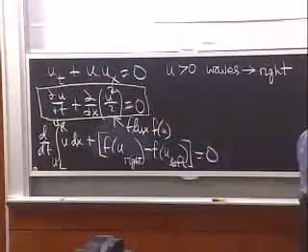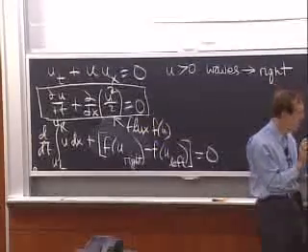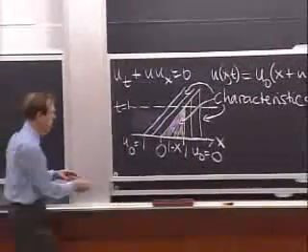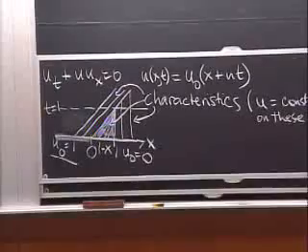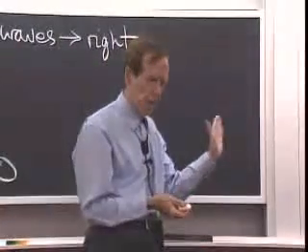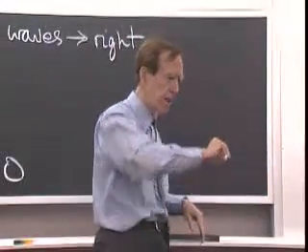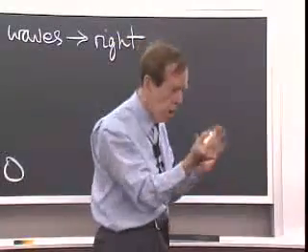It'll take a little time to see exactly what's happening, but the characteristics we can see here. So the starting values were 1 up to that point. So when the starting value is 1, and u is constant along characteristic lines, then u is 1.